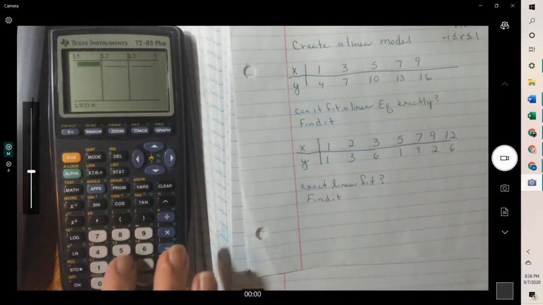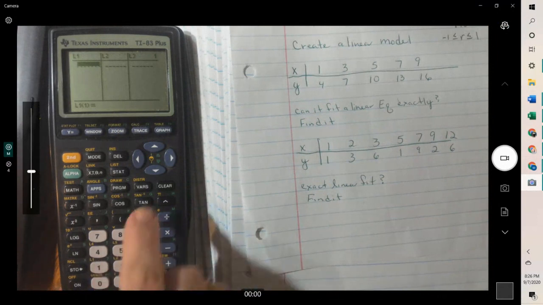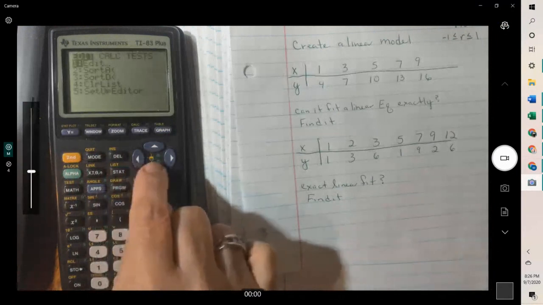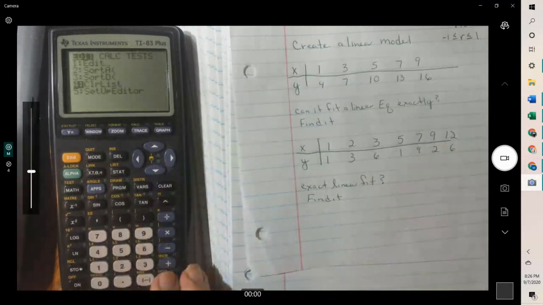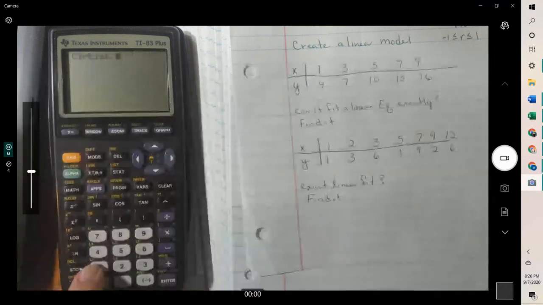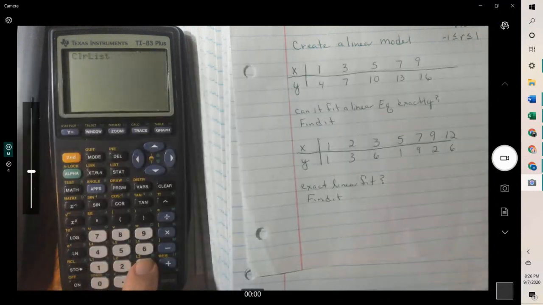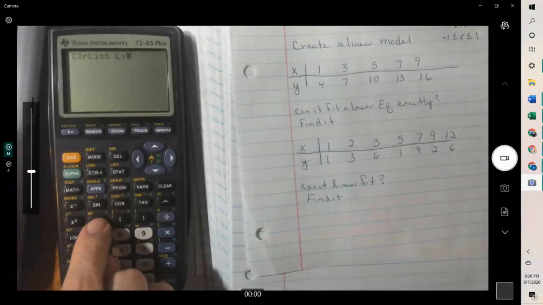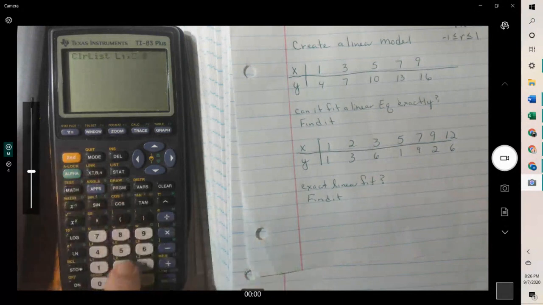Now, if there were already values in there, you can clear them. You go in STAT. See, this one says ClrList. You would hit enter. And then whatever lists, see the list here, L1, L2, L3. So I hit 2nd and L1. If I need to clear another list, you hit comma, 2nd and L2, and hit enter, and it will clear the lists.